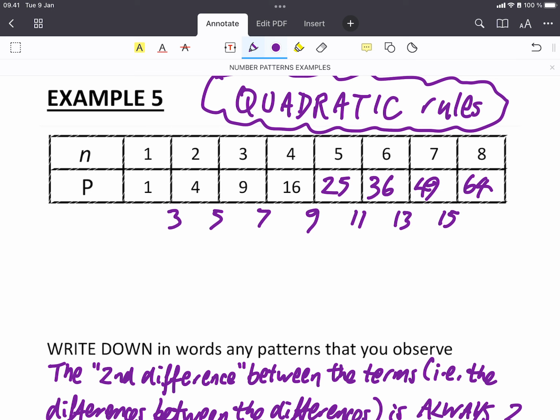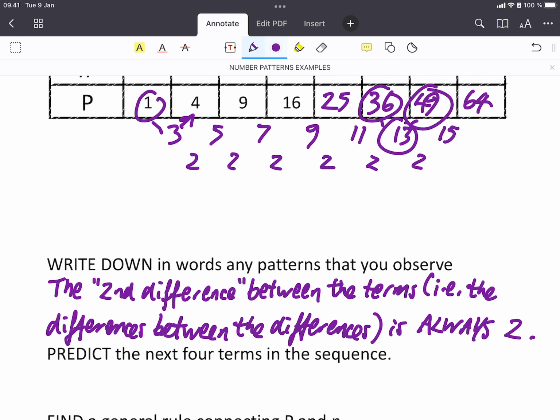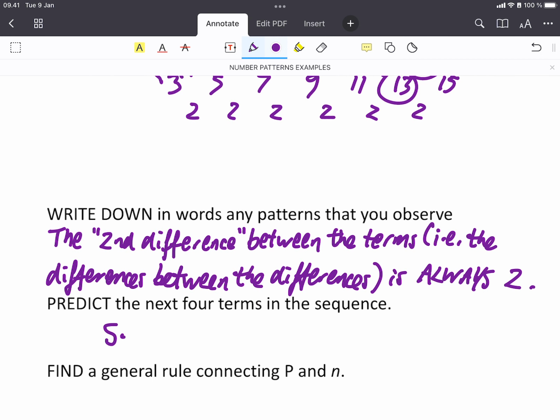So without knowing that the rule was n squared, I could have done it from the differences between the differences always being 2. So the differences are going up by 2 every time. So you've just got to add on those numbers to each term to get the next one. 36 plus 13 gives you 49. So I've predicted then the next 4 terms in the sequence.